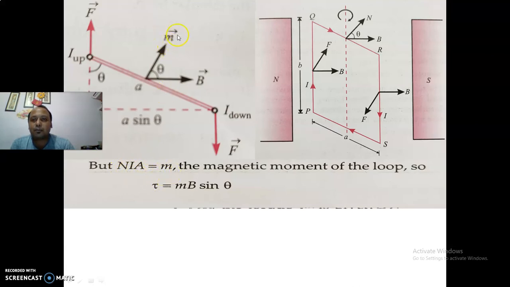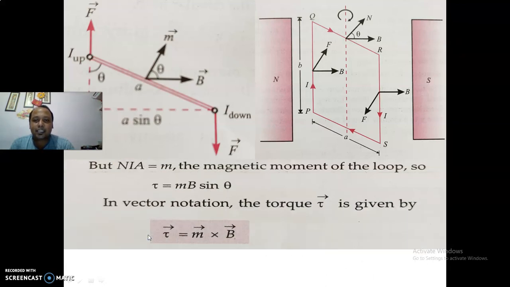This small m represents the magnetic dipole moment for the rectangular coil. So with n number of turns, the magnetic dipole moment will be NIA. So the value of torque will be represented by, instead of NIA, we write MB sine theta, and the torque in vector notation can be written as M cross B.